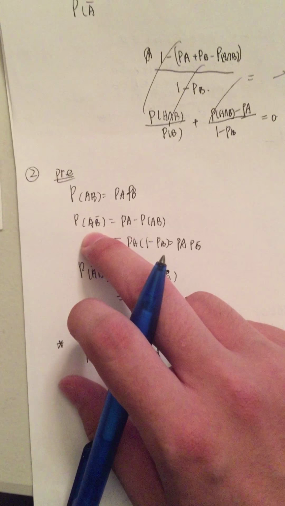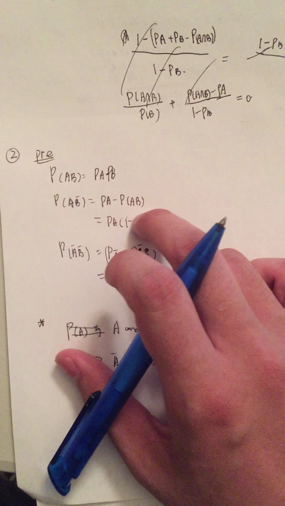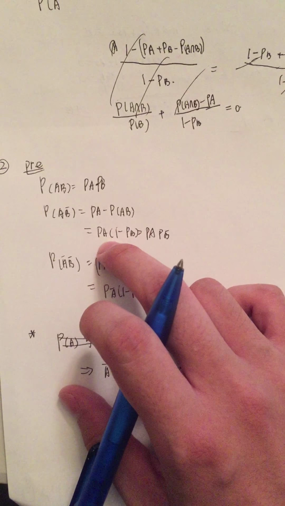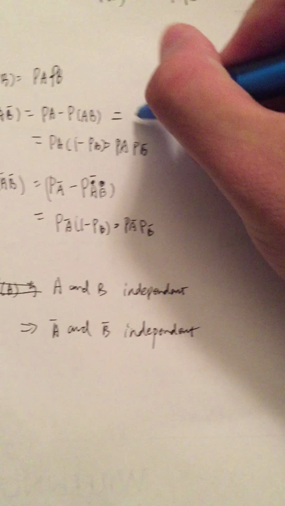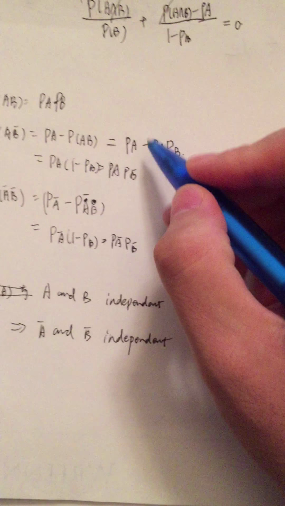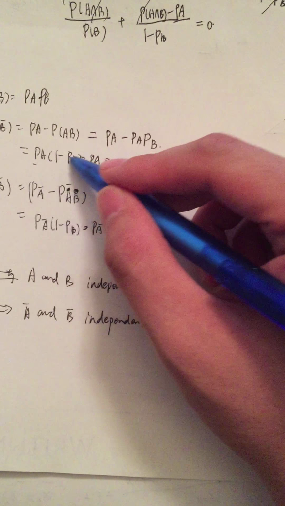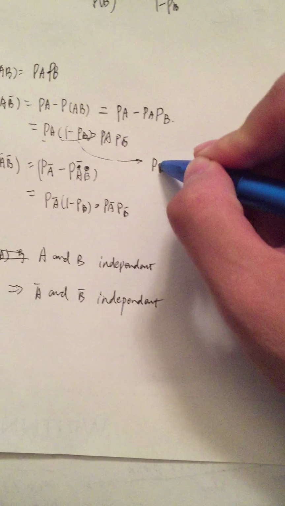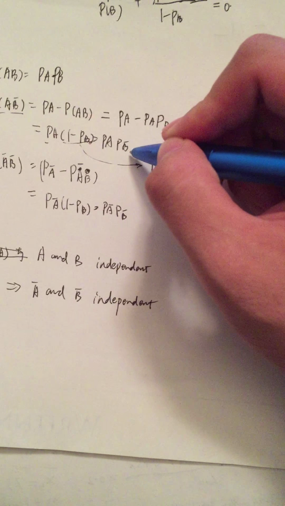So P(A not B) is exactly P(A) minus P(AB), and this is P(A) times (1 minus P(B)). We take P(A) out of this and get P(A) times (1 minus P(B)), and 1 minus P(B) is P(not B). So this one is equal to P(A) times P(not B).